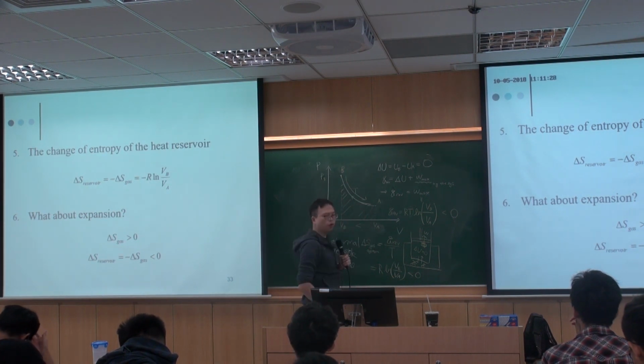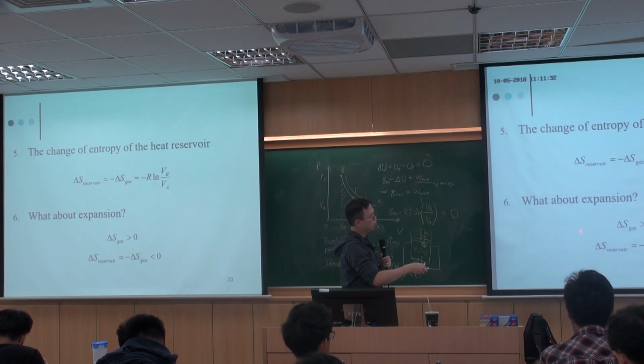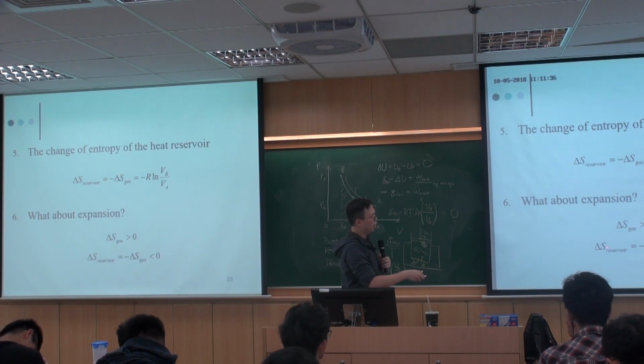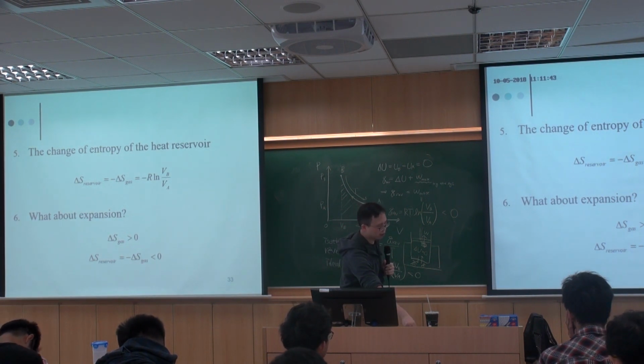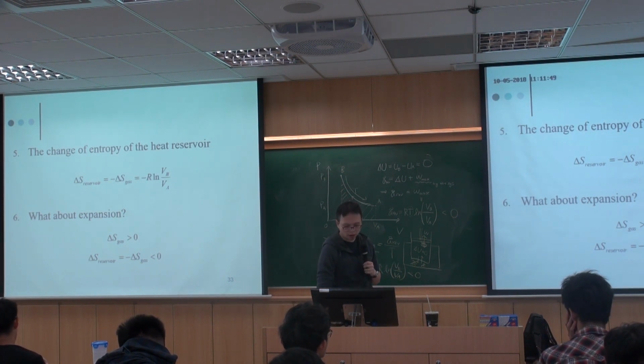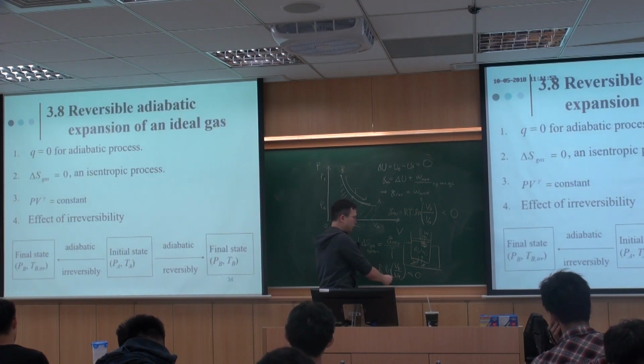Therefore, the change of the gas entropy will be greater than 0, and the reservoir will have a change of entropy that is less than 0. So that's the opposite operation. So I think I'll stop over here. Then we'll talk about the adiabatic process.